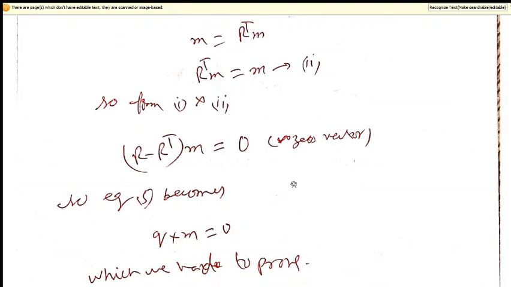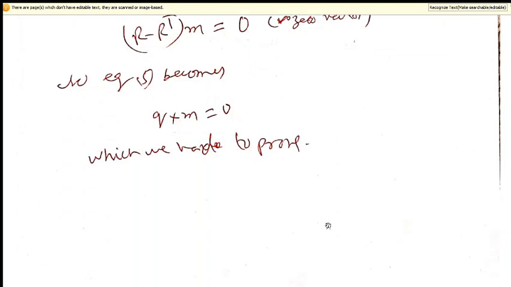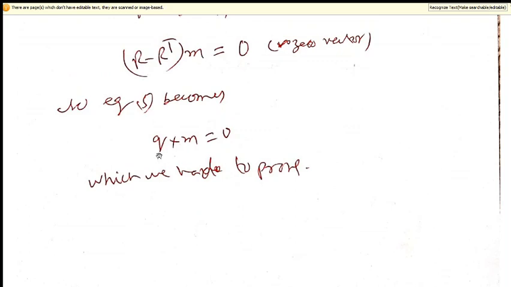By using this, from equation number 5, your Q cross M equals 0. This is what we had to show. This is telling you that the dual vector Q of the antisymmetric part of R is parallel to M. And what is M? M is a unit vector in the direction of the axis of rotation.